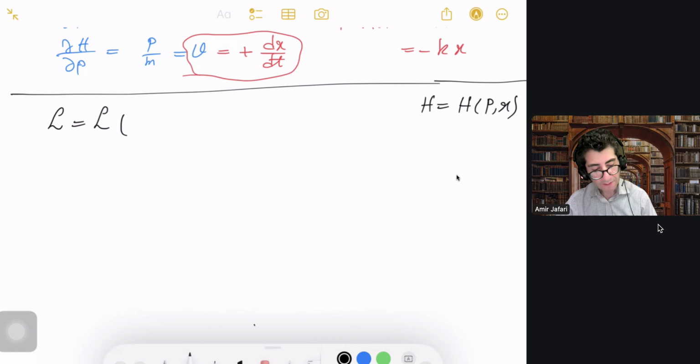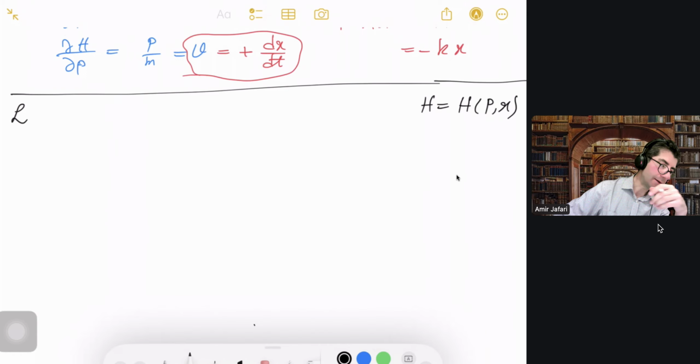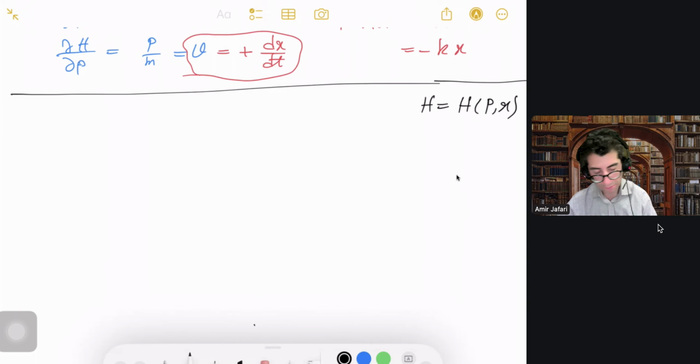But here you say that instead of momentum, I work with velocity. Let's write this as L, because clearly L is usually used for Lagrangian density in quantum field theory and field theory. So L is a function of x and velocity, which is x dot, in general.